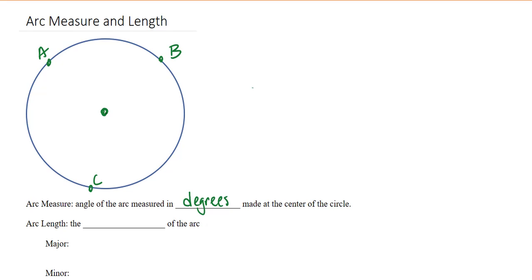Now here's the center. So if we're talking about the arc measure of, say, AB, this is how we indicate it for AB. So we would show that it's the angle of the arc measured here.